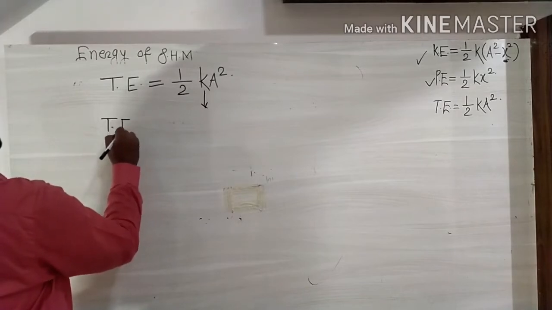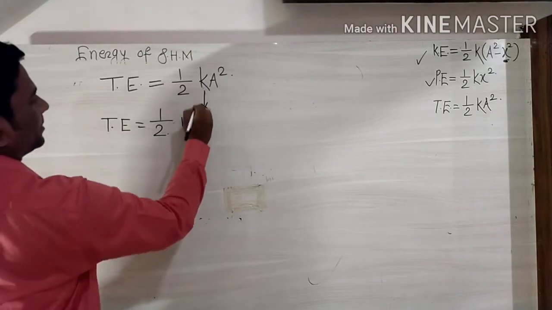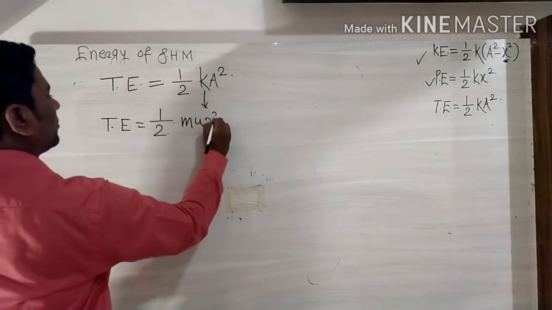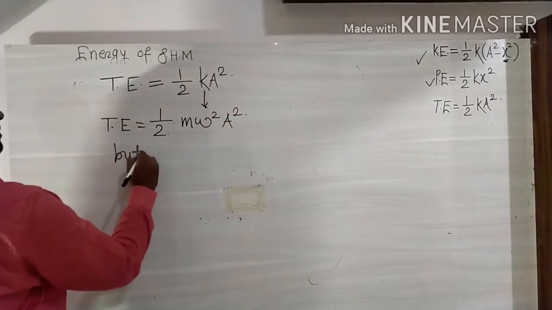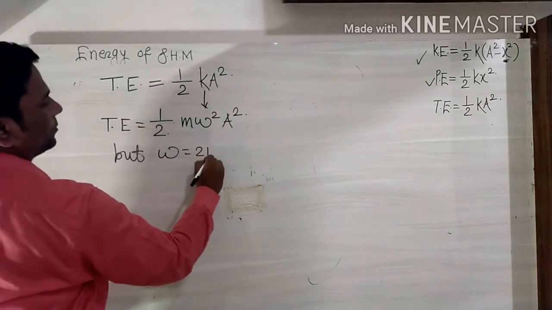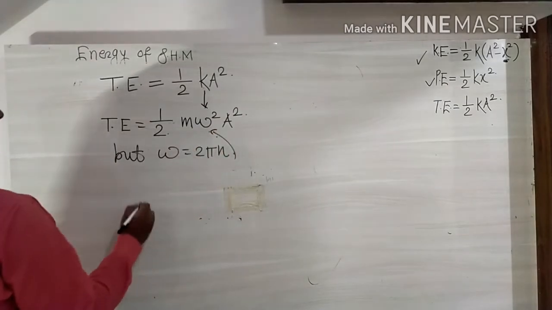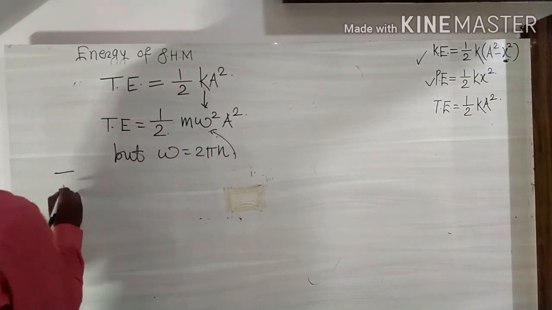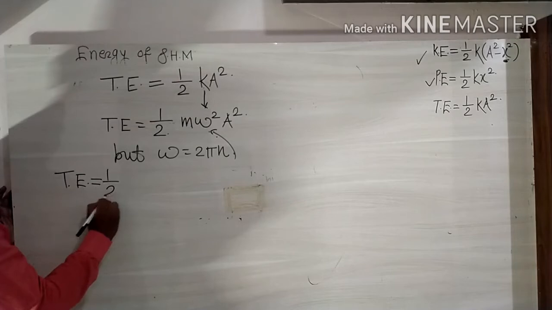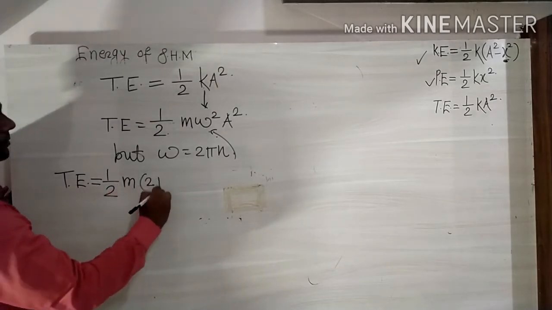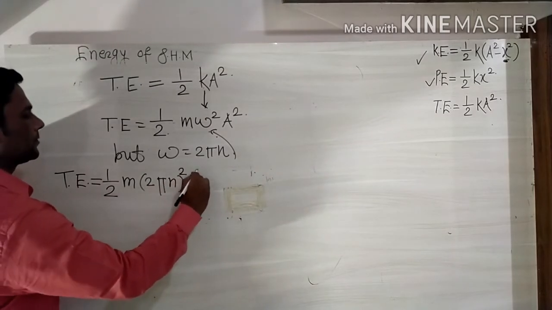So total energy is equal to 1/2, and instead of k we put m omega square, into a square. But we know that omega is equal to 2 pi n, where omega is the angular frequency. By putting this value in the equation, we get the total energy equal to 1/2 m into (2 pi n) square into a square.